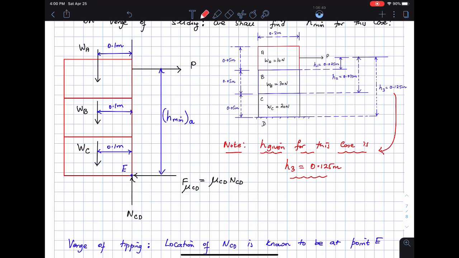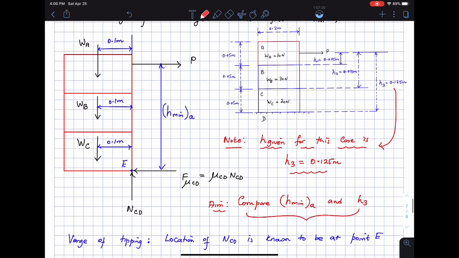So my aim is to compare H minimum A and H3. If H minimum A is greater than H3, then tipping is not going to take place. If H minimum A is less than H3, then we are on our way to finishing the problem much more quickly. Fortunately or unfortunately, that might not be the case.